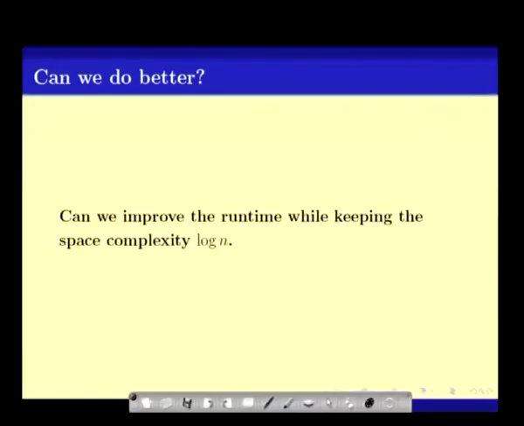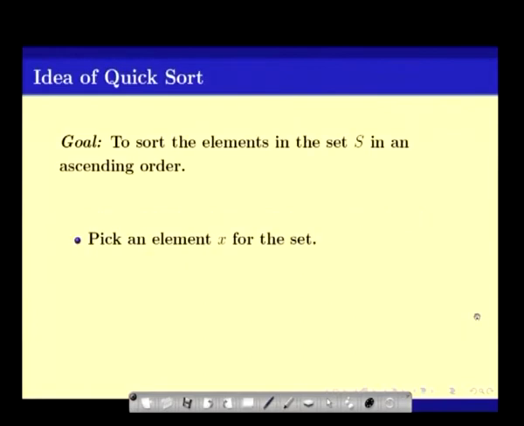And the obvious question was, can we improve the runtime while keeping the space complexity log n? And the answer was yes, in some sense, in some direction, and let us quickly see what our idea was. The idea was the quick sort algorithm.